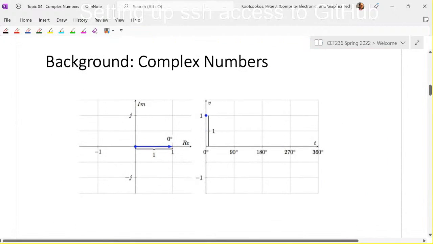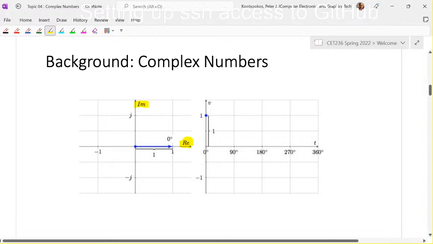So, as I said, a complex number you can think about just as a way of representing a 2 vector, a way of representing a point on a 2D plane, the xy plane, or as I'm going to call it, the real and imaginary plane.